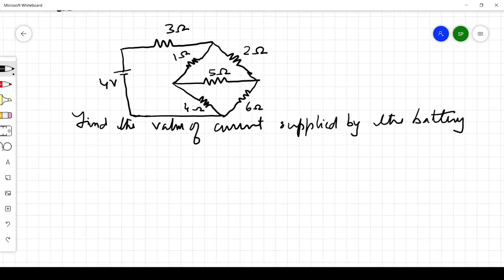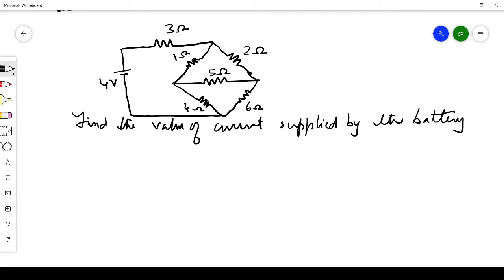So how will you find this? Using mesh analysis. When you observe this network, you can find that the circuit consists of 3 meshes. So you have to assume current for each mesh separately. Let me assume this current as I1, this current as I2, and this current as I3.